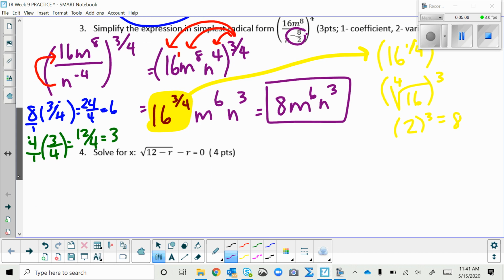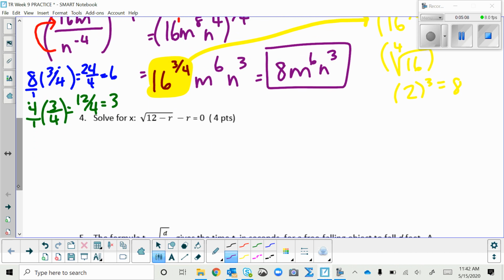For number 4, you want to get the radical by itself. That means isolate it, so we will add r to both sides. So now I've got the square root of 12 minus r equals r. To get rid of a square root, I square both sides.